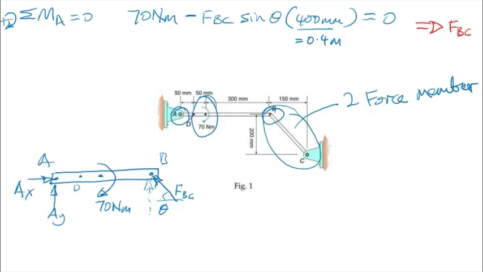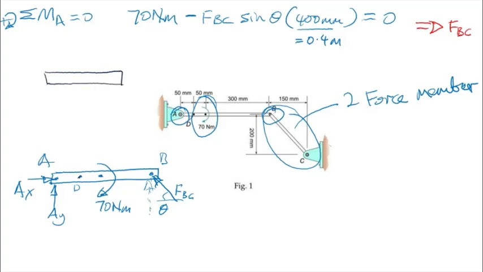That is, if you want to do that. Otherwise, to solve this problem at point D, you just draw the free body diagram of the section. So in this case, we need to draw the free body diagram of the section at point D. What we do is we draw from the right.